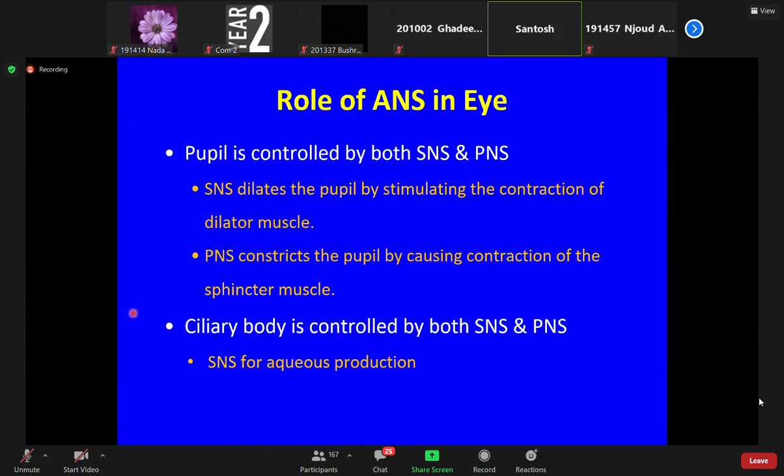Keep that in mind. So catecholamines, epinephrine and norepinephrine, increase the synthesis of aqueous humor. While the parasympathetic nervous system has a role on the ciliary body muscle movement, and that again has a role in the drainage, which we will come to later. So it's an entirely different role. Okay, clear?